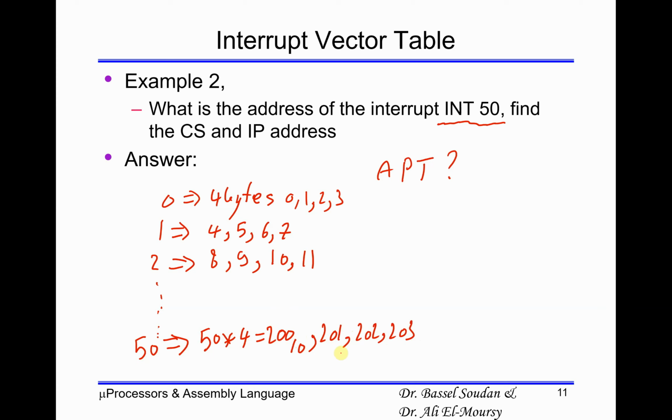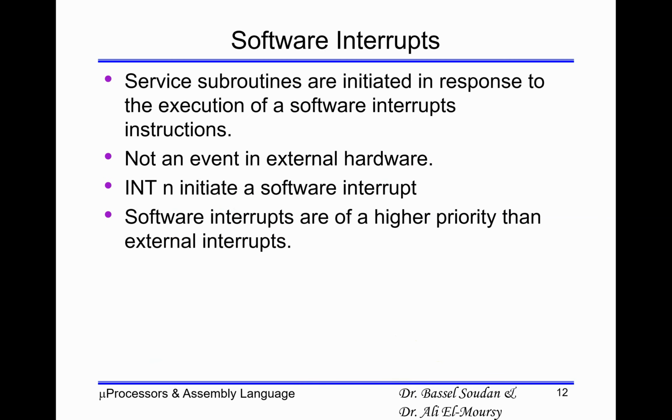The first two locations are for its IP, and the second two locations are for the CS of interrupt 50. If we convert this into hexa, we can identify where in the APT I have to go to grab the addresses for interrupt number 50.